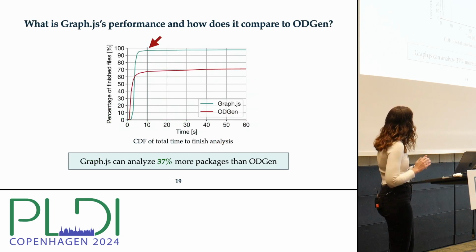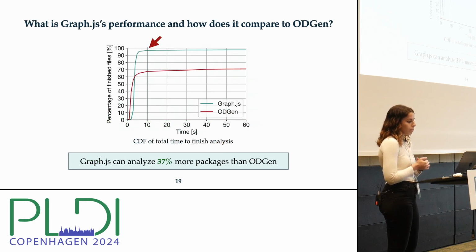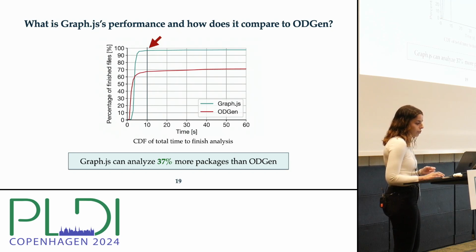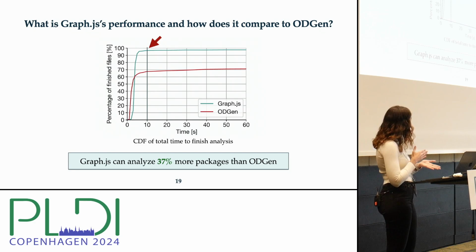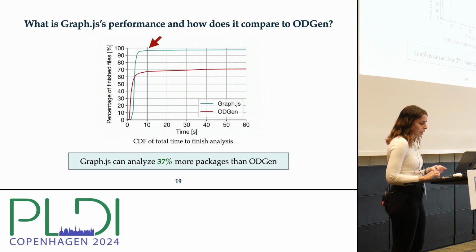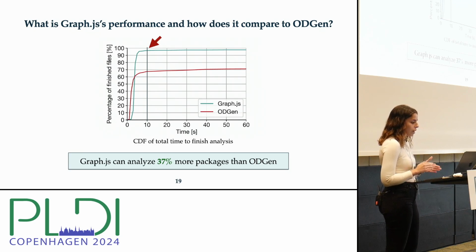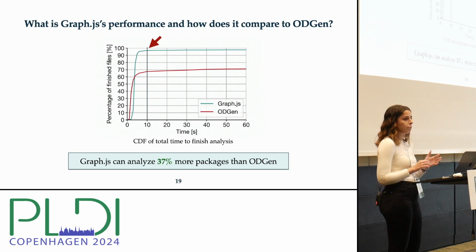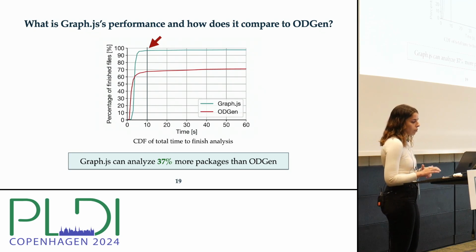To measure GraphJS's performance, we first measured the time that each tool took to analyze a package. And here is the cumulative distribution function of the time to finish the analysis. By the 10 seconds mark, we can see that GraphJS was able to analyze 95% of the packages, where ODGen flatlines at 70%. And therefore, GraphJS was able to analyze 37% more packages than ODGen.